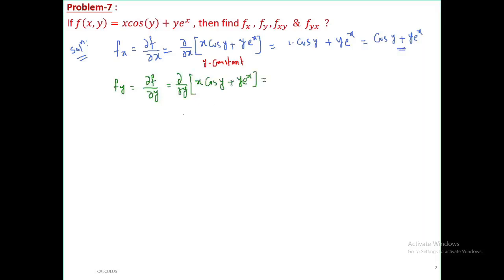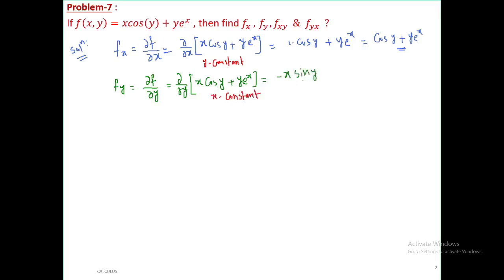Here x is constant, because with respect to y you are doing. So x stays as it is, and the derivative of cos y is minus sin y. So minus x into sin y. I am not touching x, but only taking the derivative of cos y with respect to y, which is minus sin y.